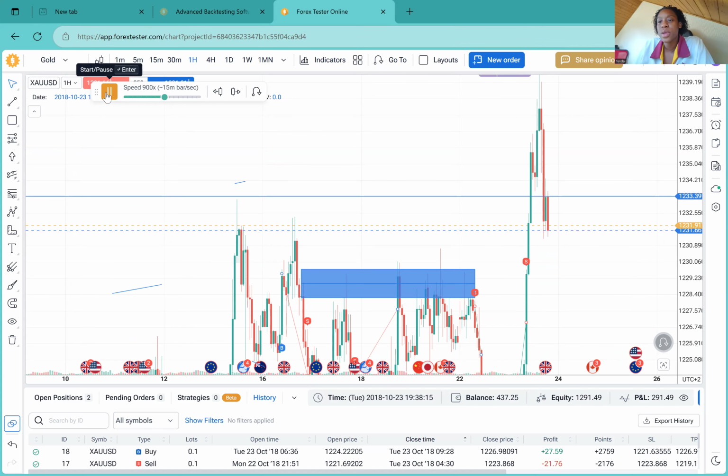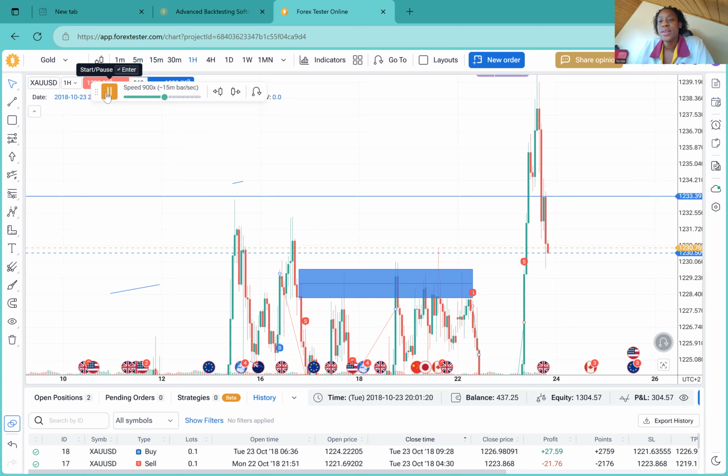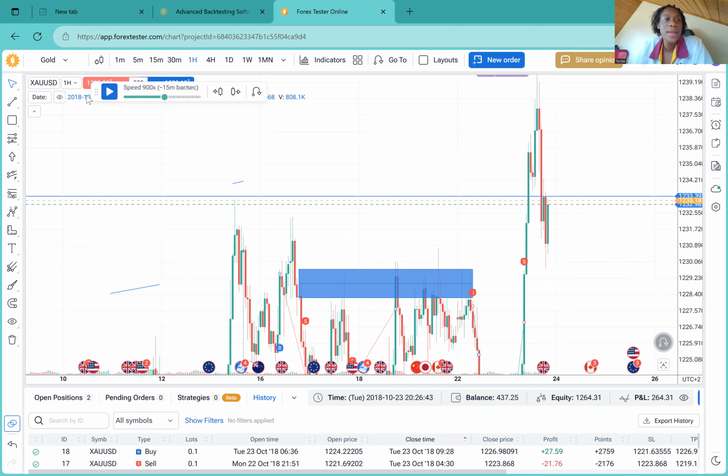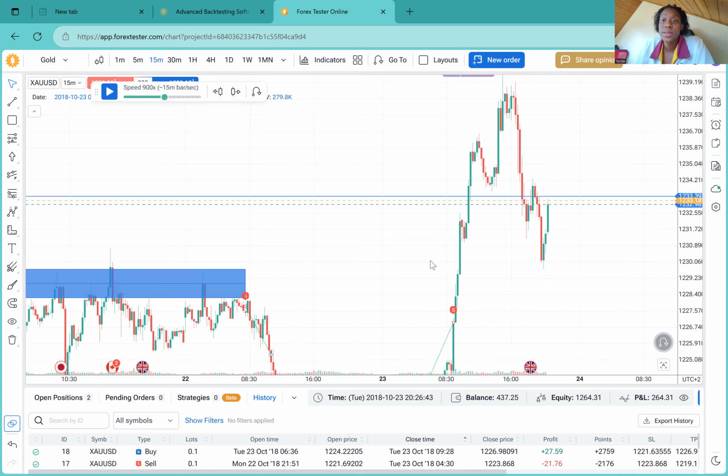So it's going to retrace back. So what I want to do, because of this green bar here, I want to enter into a buy. So I'll wait for the indications.